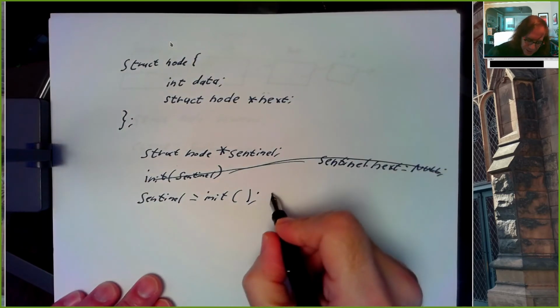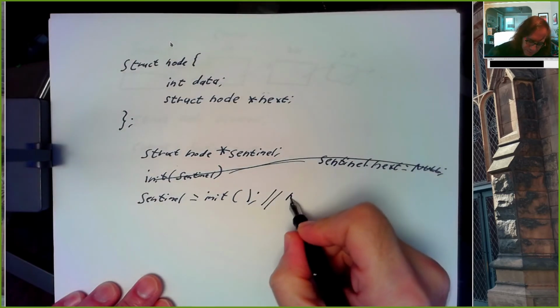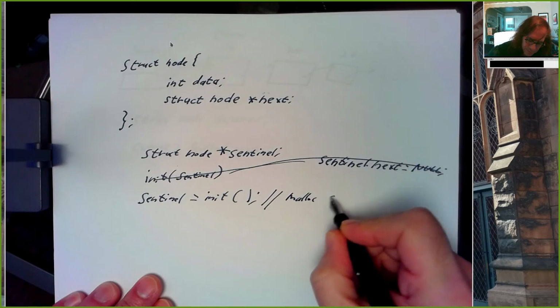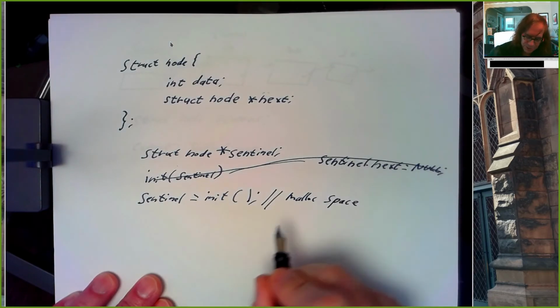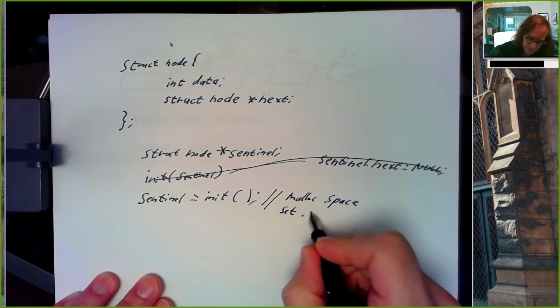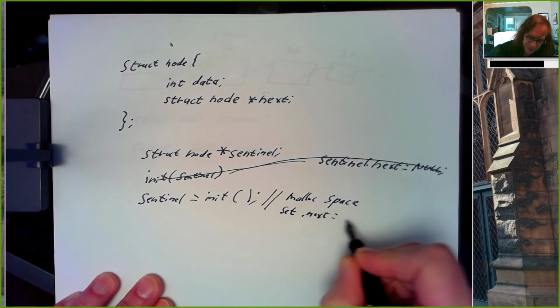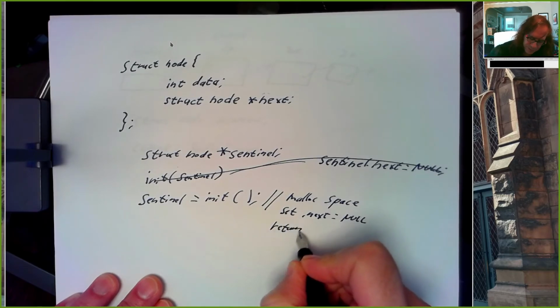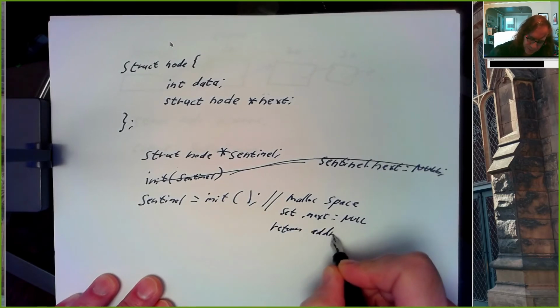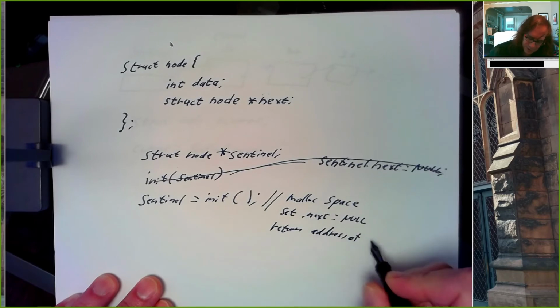What init is going to do is allocate some space for a struct node, set the next field equal to null, and return the address of that node.